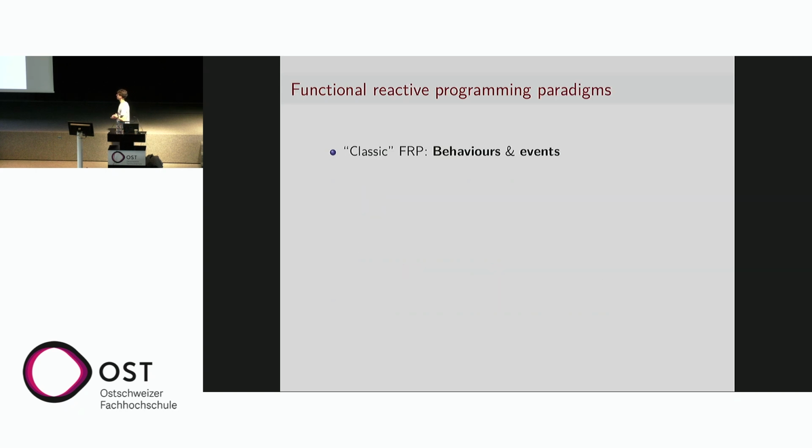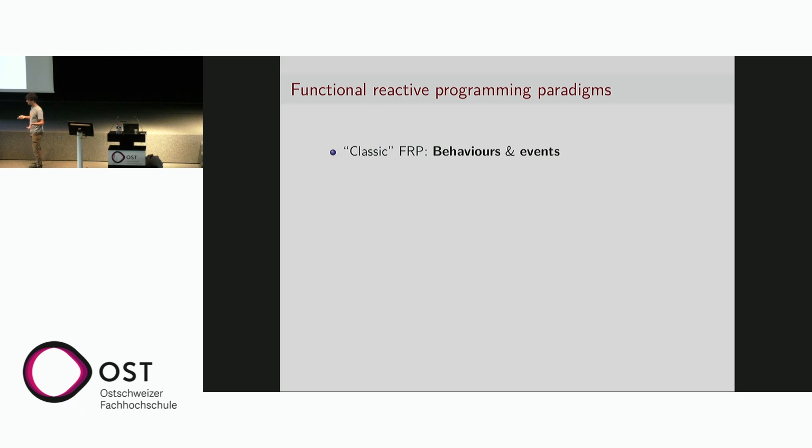Okay, let's talk about FRP now. So the old thing, what we would call classic FRP now, was developed by Conal Elliott and Paul Hudak back in the 90s, and that says we want to model a functional reactive program with two basic concepts that are usually called behaviors and events. There are different words for that.